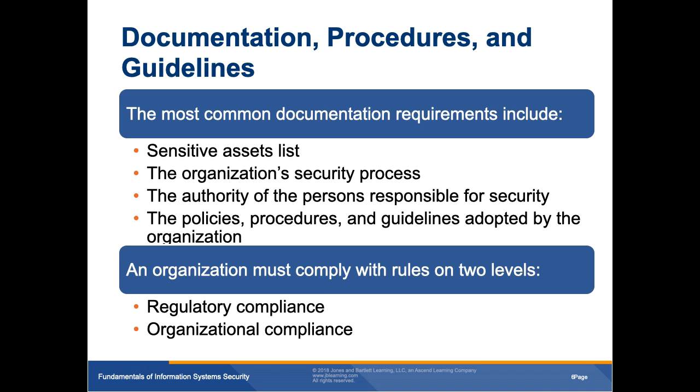So documents, procedures, and guidelines. The most common documentation requirements include the sensitive assets and the organization's security process. So what assets must the organization take measures to secure? They can include computers, network components, databases, documents, and any other assets that could be vulnerable to attack.